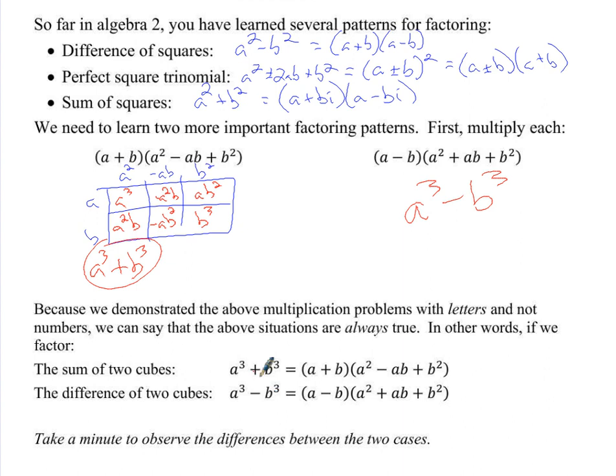So if I have a to the third plus b to the third, how am I going to remember? Like notice if I factor these, I have a over a, b, b, a squared, ab, b squared. All the letters are the same. So that means you're going to find each one of these positions the same way.